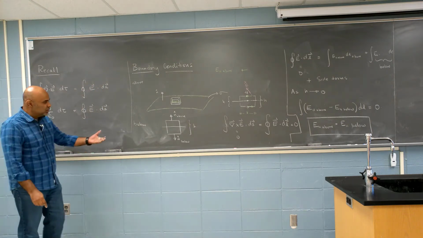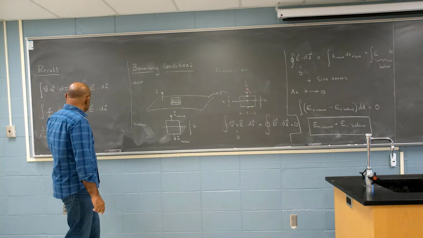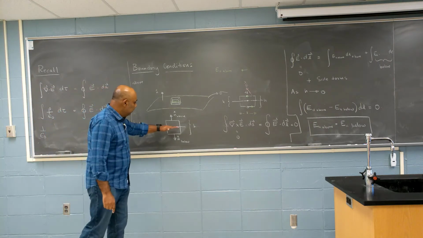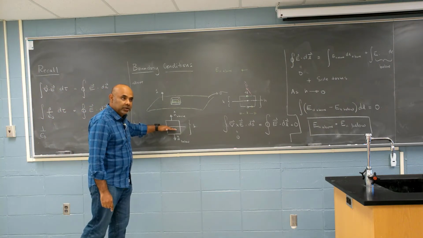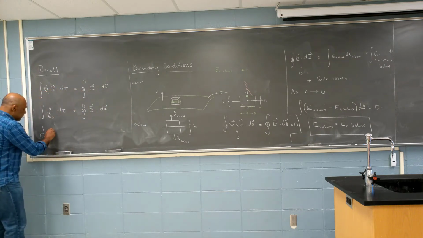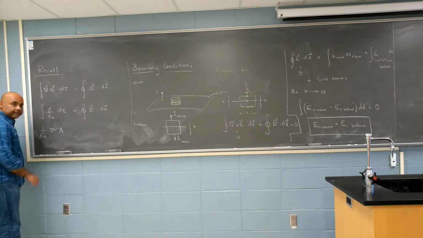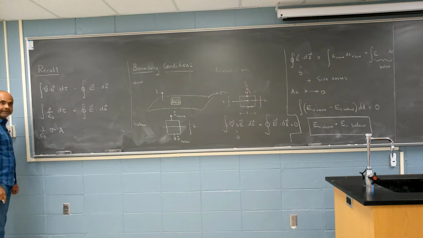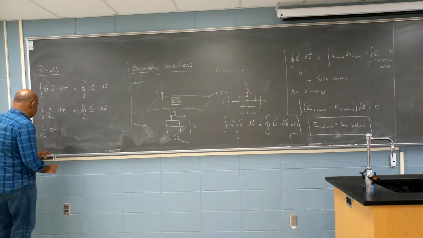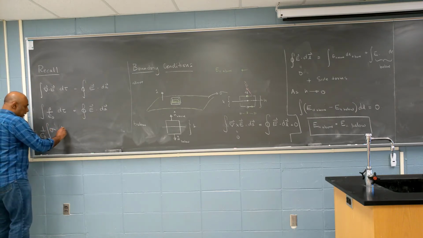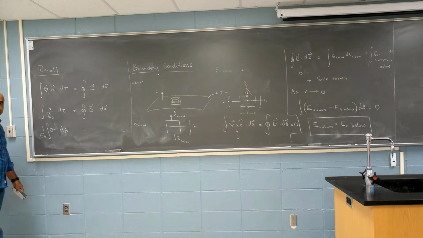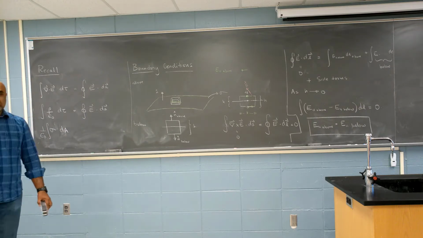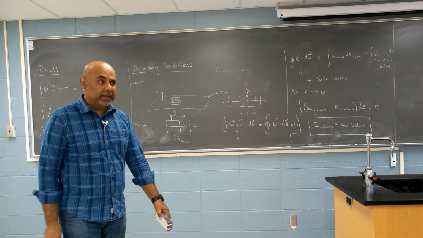This pillbox is a small enough pillbox. Well, on the left-hand side, it doesn't matter. The charge contained in this cube is simply sigma times A, the surface charge. Frankly speaking, it doesn't even have to be a constant, because I do it differently than Griffiths. Once again, I'll show a certain integral vanishes for any area we pick.